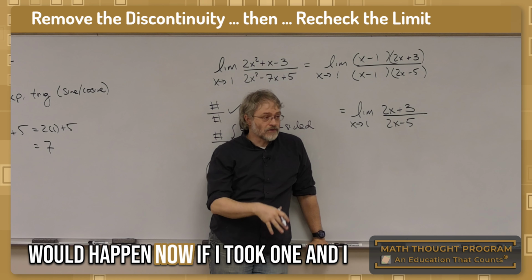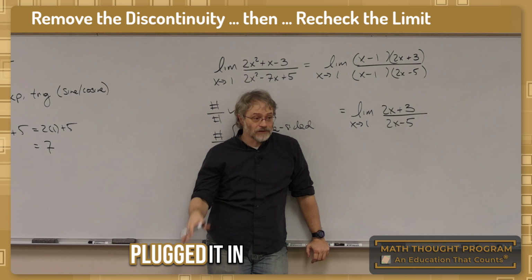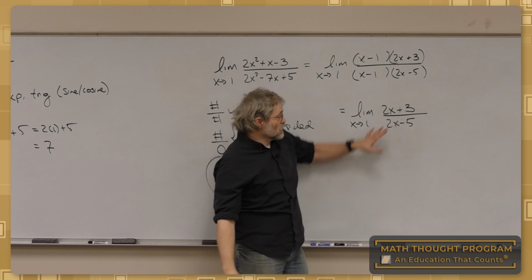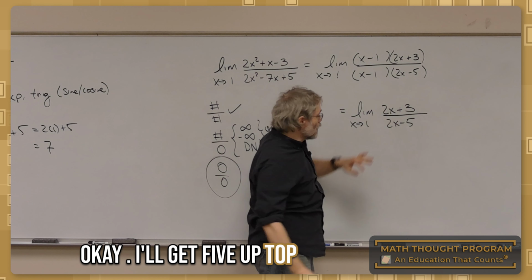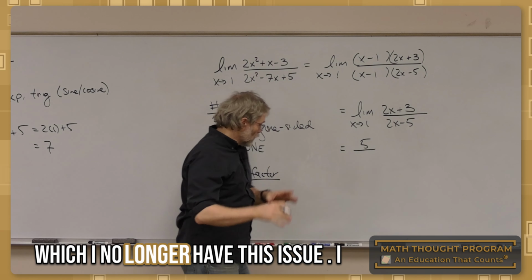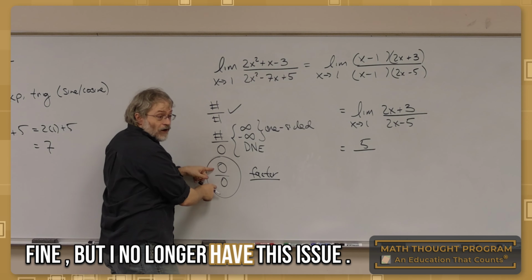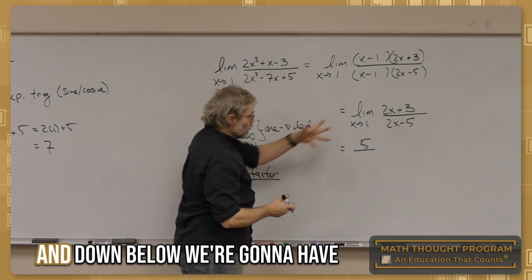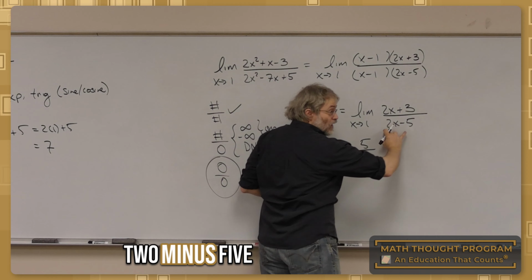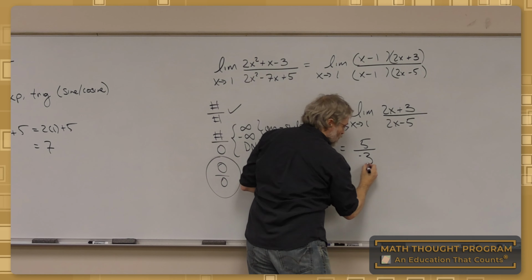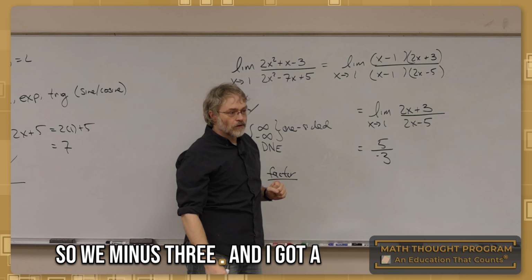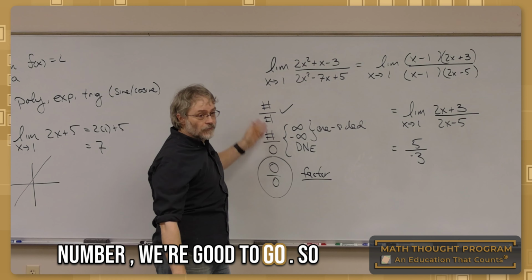What would happen now if I took 1 and plugged it in? I'll get 5 up top, so I no longer have this issue. And down below, we have 2 minus 5, so we have minus 3. And I got a number, we're good to go.